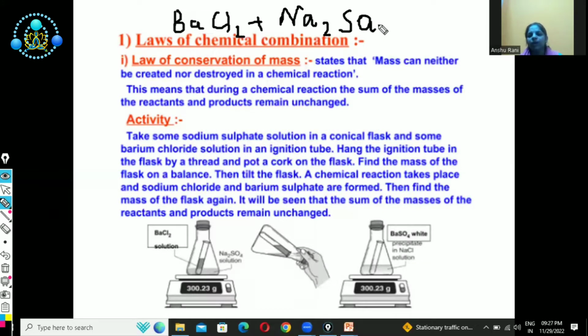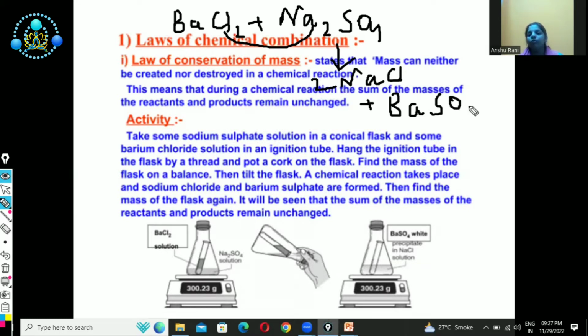Here we are taking a fixed amount of barium chloride and sodium sulfate. Sodium will combine with chlorine to form sodium chloride, and barium will combine with sulfate to form barium sulfate, which will settle as a white precipitate. This is an example of a double displacement reaction.